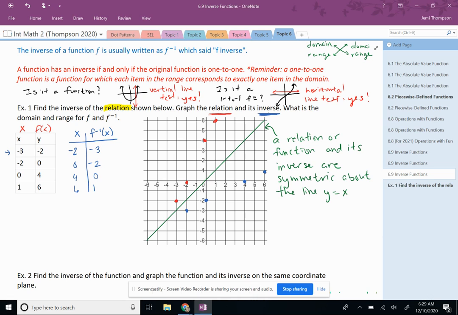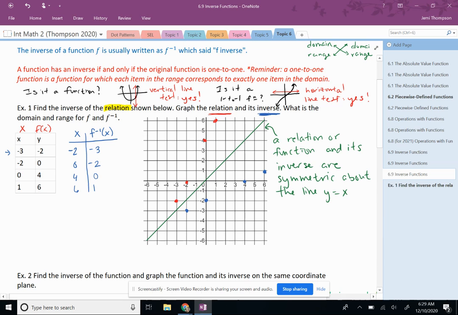If I were to concentrate on those red dots, and then I take my paper and I fold it along that green diagonal line that's y equals x, hopefully you could tell that each one of these red points gets mapped to one of these blue points, right? So they are a mirror image across that line.